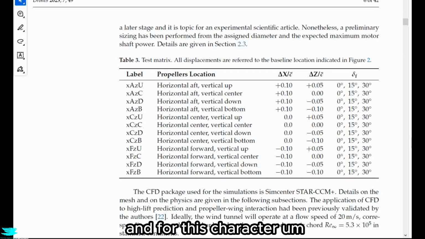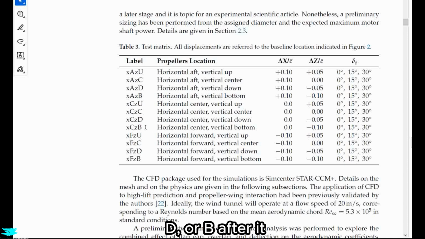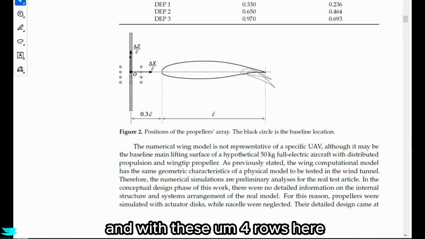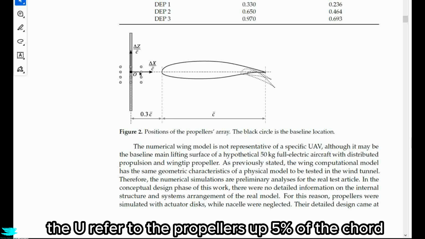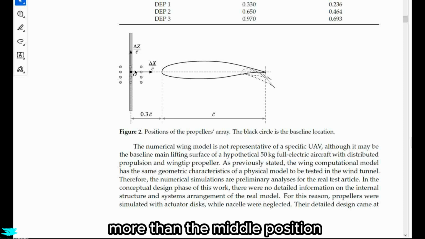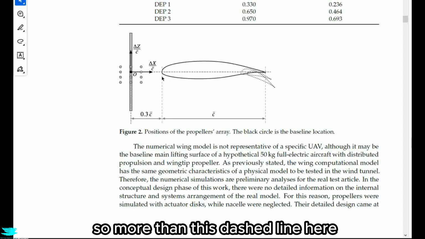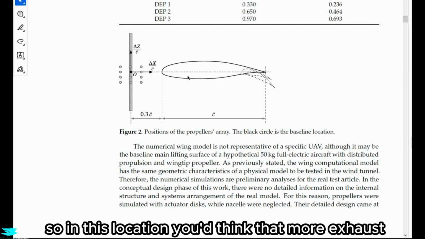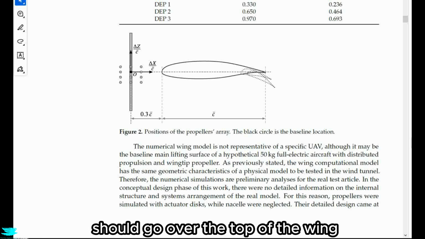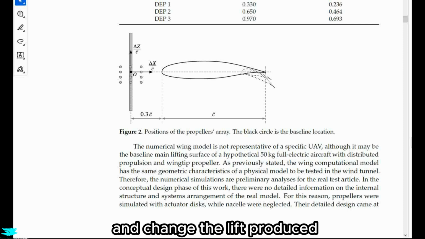And for this character, we have either U, C, D, or B after it. Now this refers to the height as I mentioned, and with these 4 rows here, the U refers to the propellers up 5% of the chord more than the middle position, so more than this dashed line here. So in this location, you'd think that more exhaust should go over the top of the wing and change the lift produced.